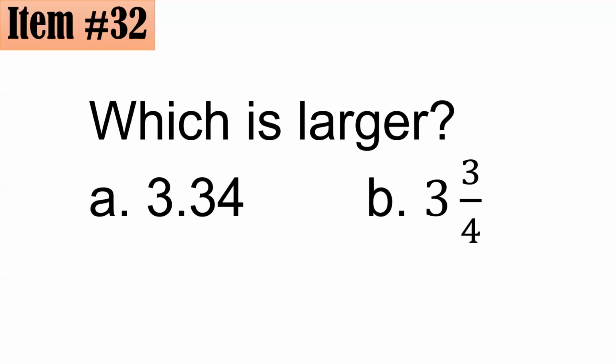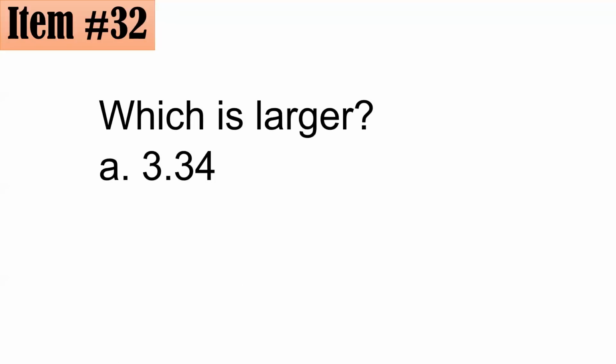32. Which is larger? 3.34 or 3 3/4? Okay, letter B. This one is quick. The items here are not really very difficult, but we go quickly. Many of you answered B. There are many ways of doing this, and one thing that I did is that I expressed them in decimal form.